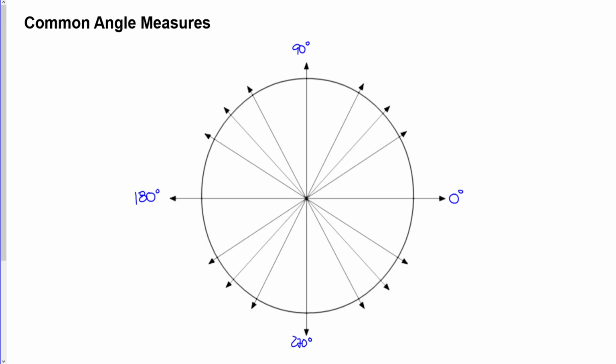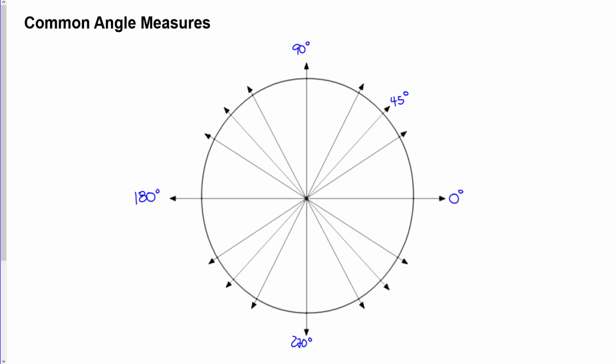All right, now we also learned special angle measures based off of 45-45-90 triangles and 30-60-90 triangles. And those are the other angle measures that are here. The ones in between, halfway through, those are your 45-degree angle measure changes.